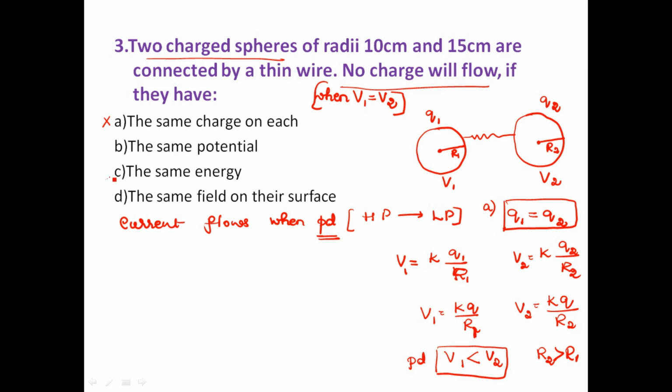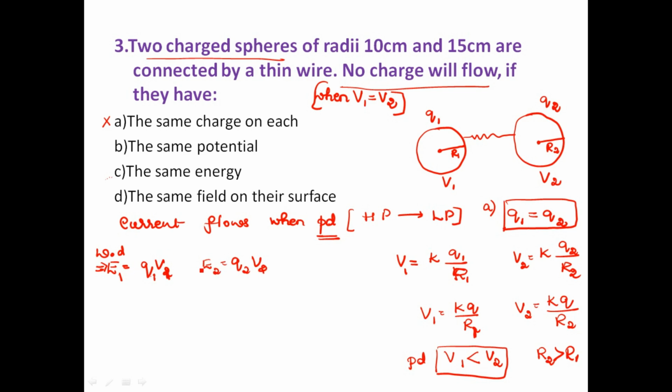Okay, let me move to the third option, that is same energy. Energy here is E equal to Q into V, which is nothing but the work done, the electrostatic potential energy. So E1 is equal to Q1 V1, and E2 is equal to Q2 V2.